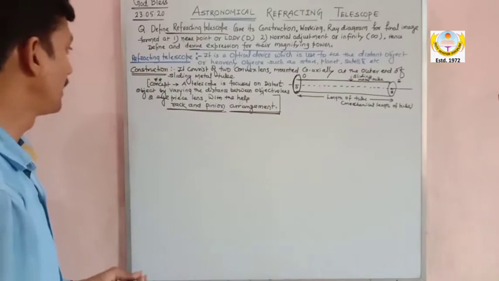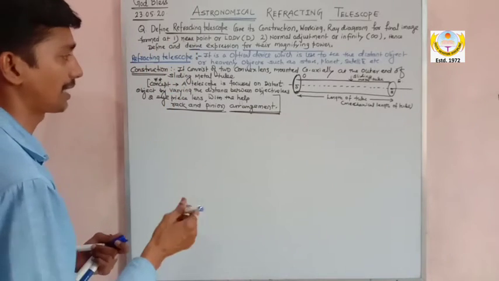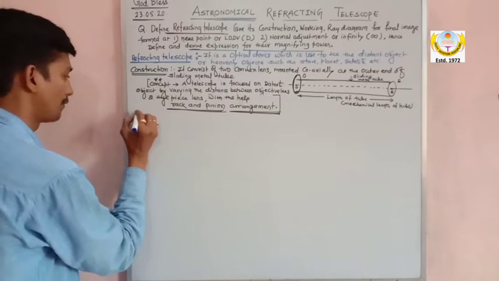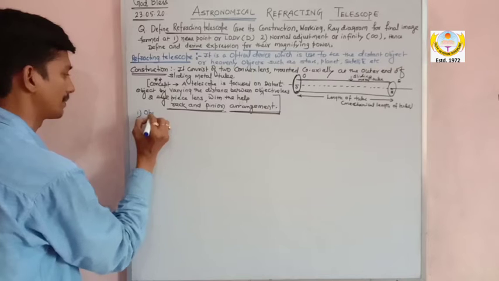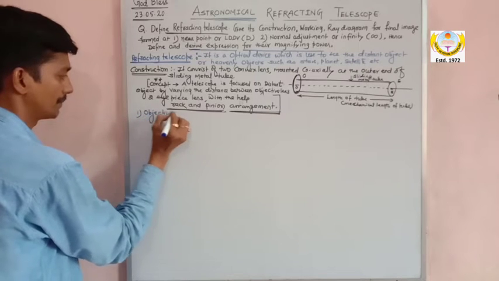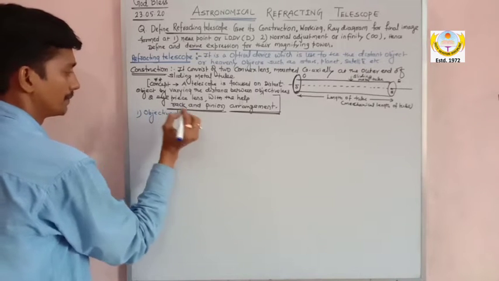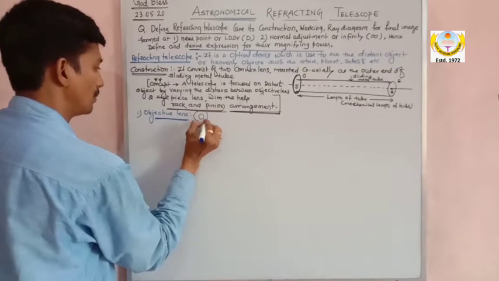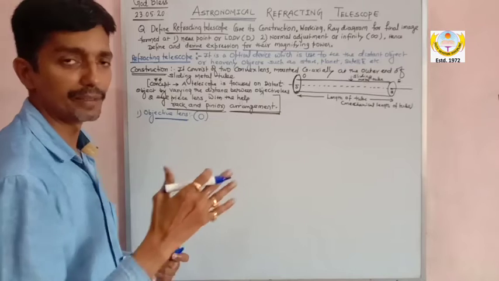Okay, now my dear, let's go to the next construction part. As I said, it is made up of two convex lenses. So first is the objective lens. It is denoted by O in the ray diagram.